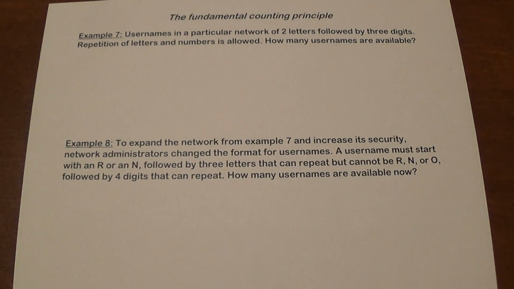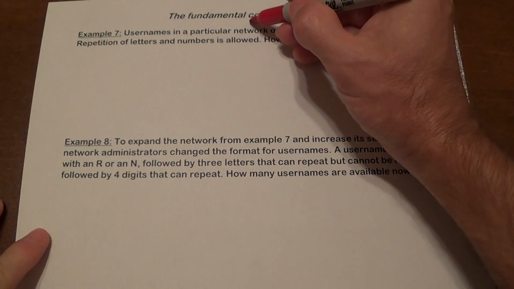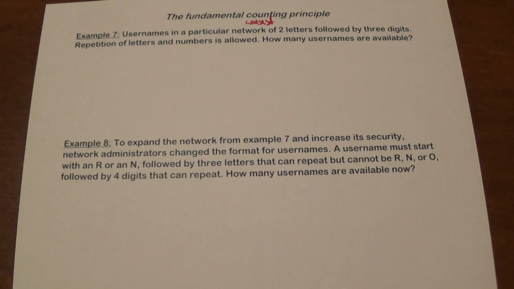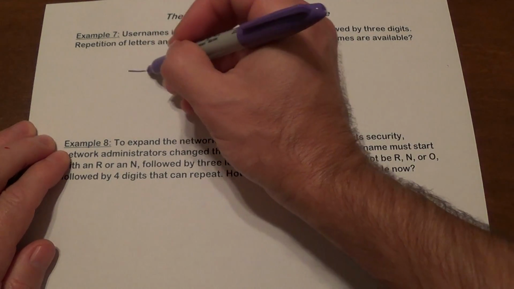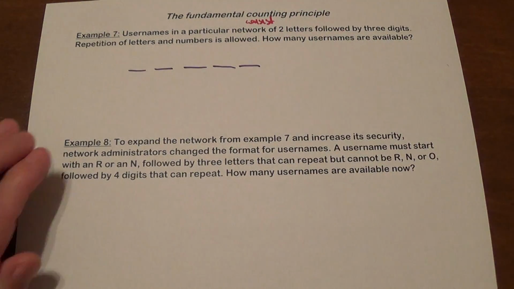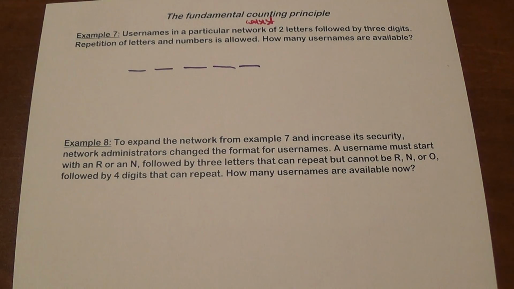Usernames in a particular network consist of 2 letters followed by 3 digits. Repetition of letters and numbers is allowed. How many usernames are available? So let's look at that the same way. We have 2 letters and 3 digits. You have 10 digits, right?